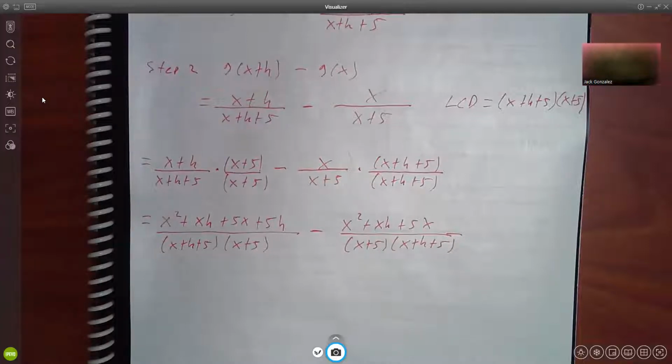At this point, combine the fractions, right? This garbage minus this garbage.